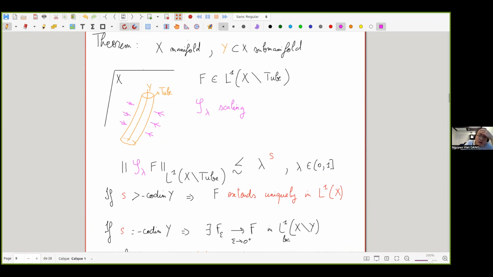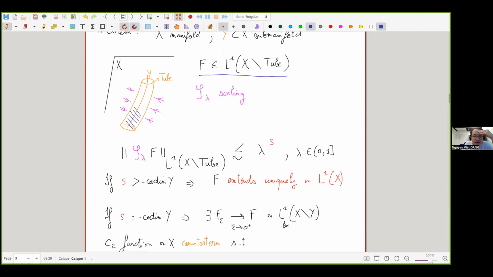You are given an ambient manifold X, a big manifold X. You have a submanifold that I denote by Y in big X. And you are given a function F, which is in L1 of X minus some tube. You all see there is a tube around Y. I remove the tube, and I have a function F which is integrable in the complement of the tube.